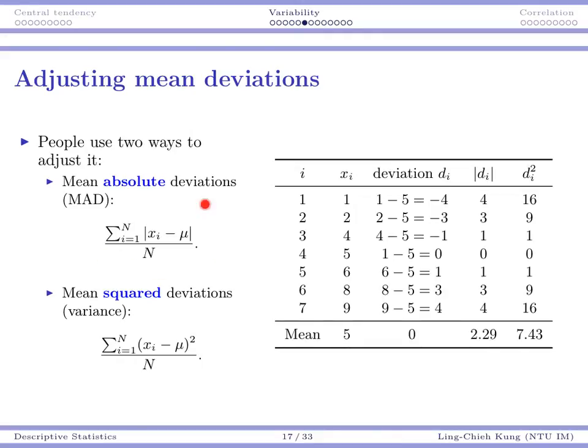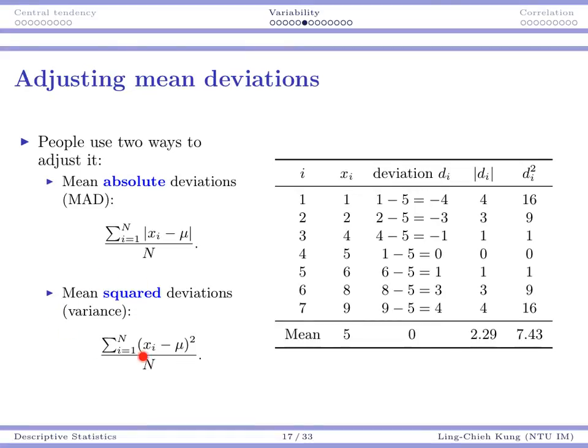Once we do this, we call it the mean absolute deviation, abbreviated as MAD. If you take absolute values for all the deviations, sum them up, and then take the average, that's MAD. Or you can take the square of all the deviations, then we get the mean squared deviation, or we give it a special name called variance.